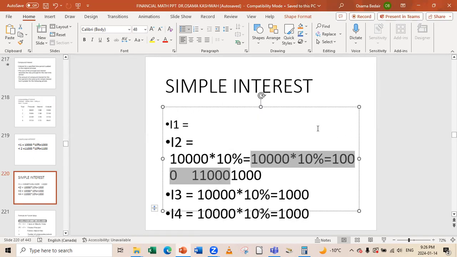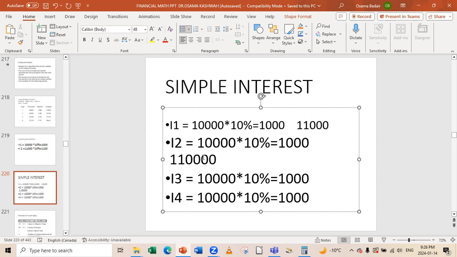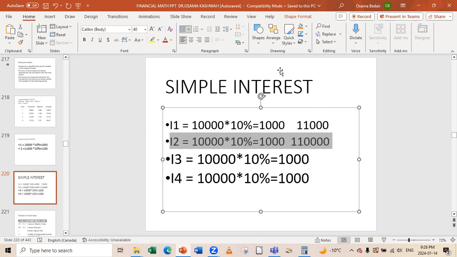Second year, it will equal also 11,000. Here we go. I will just decrease the font so it can fit. And the third year, same. The third year will be 11,000 as well. And the fourth year will be also 11,000.